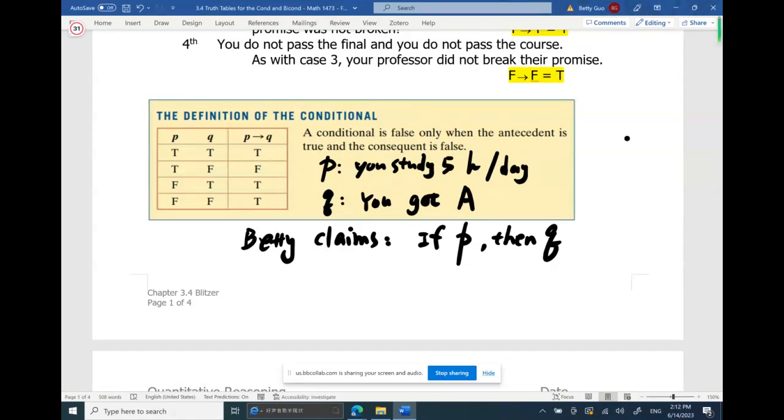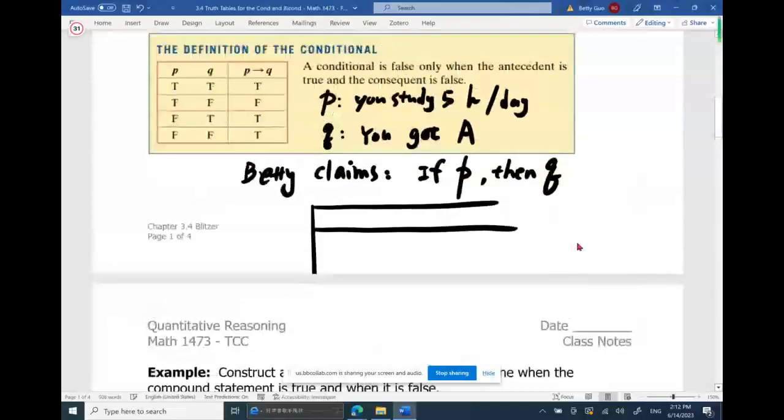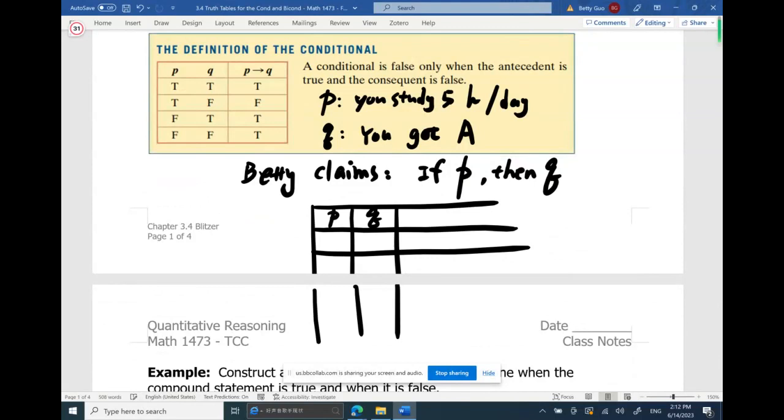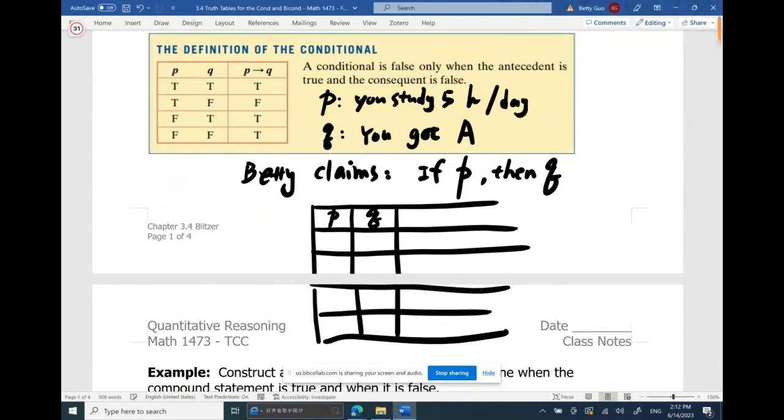Let's look at the 4 cases. In this conditional, we have 2 simple statements, P and Q. Then P and Q make 4 cases. Remember the order of the 4 cases: TT, TF, FT, and FF.